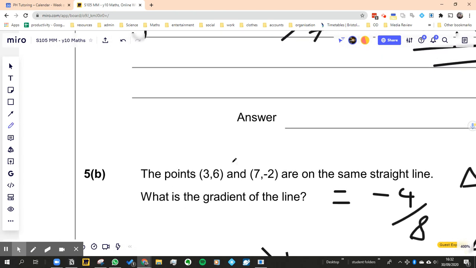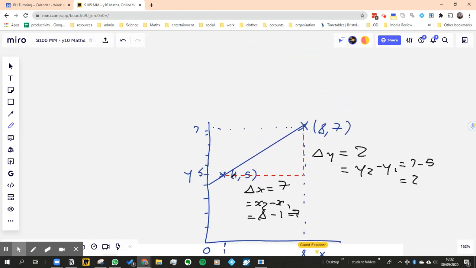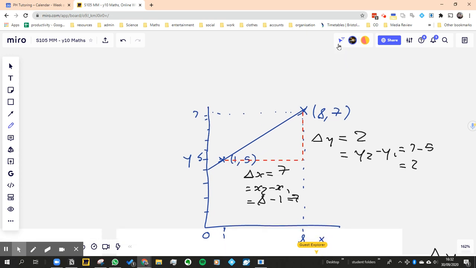What we did is we plotted them on a graph like this. That was the first point, that was the second point, and then we said the change in y we can see is 2 because it goes from 5 to 7. The change in x is 7 because it goes from 1 to 8.